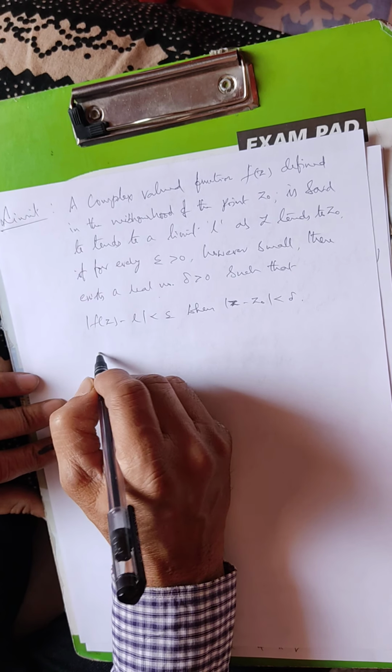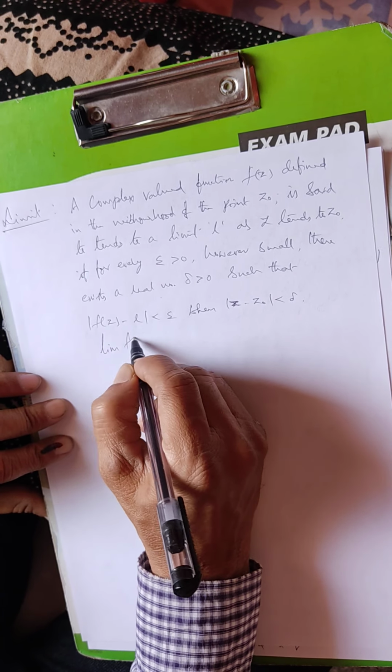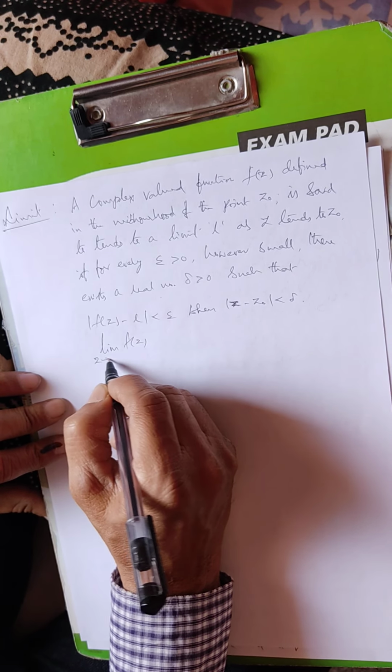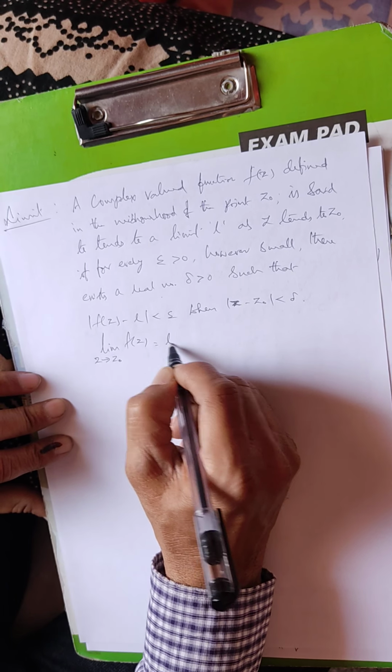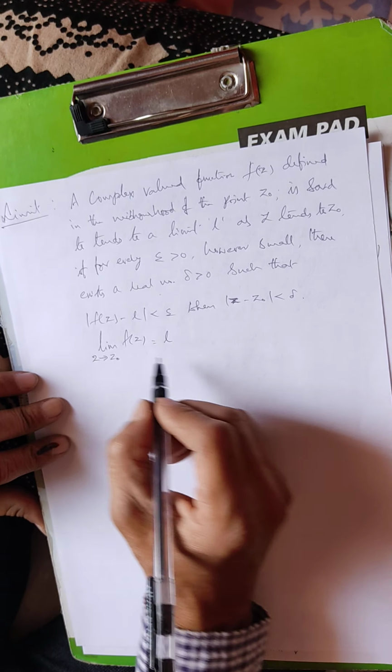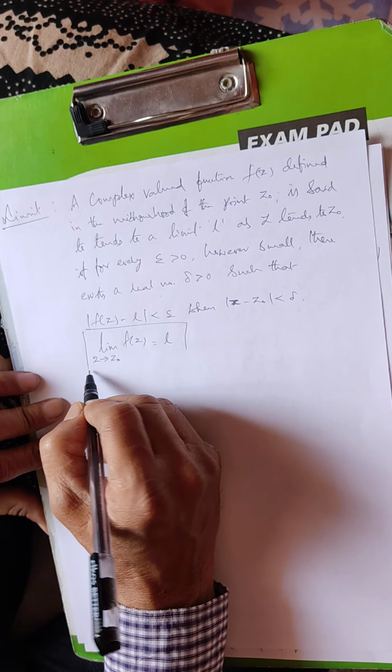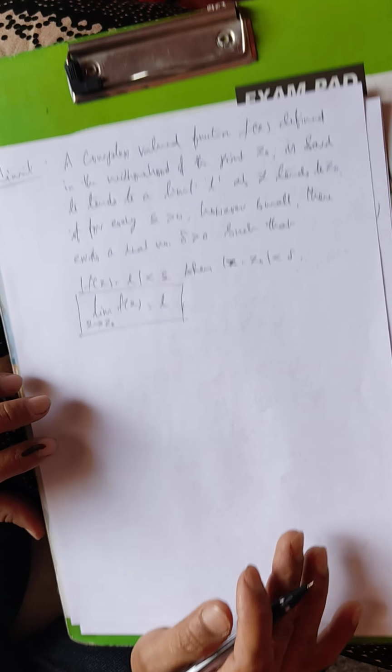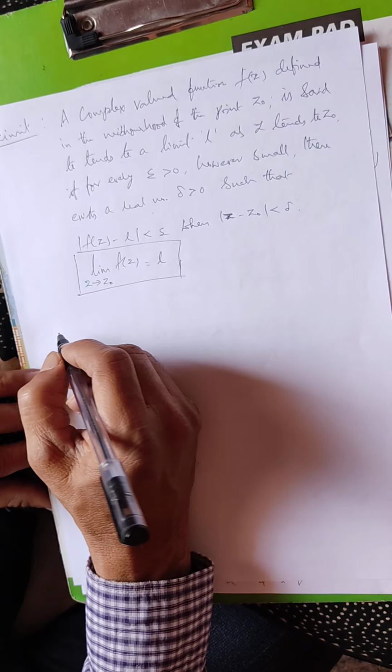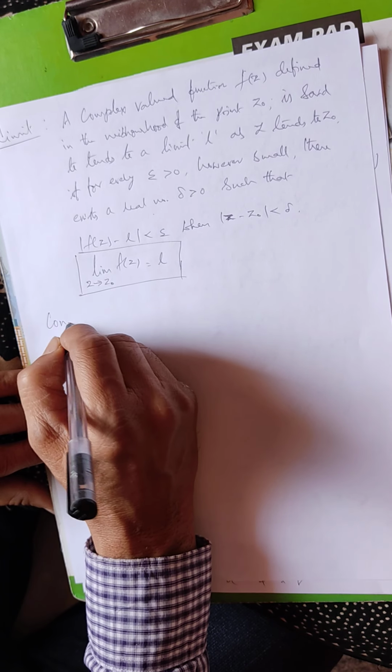So symbolically it can be written as the limit of f of z as z tends to z naught is equal to L. So that is the definition of a limit of a complex valued function. Next, continuity.